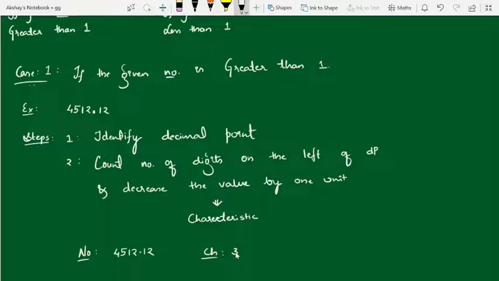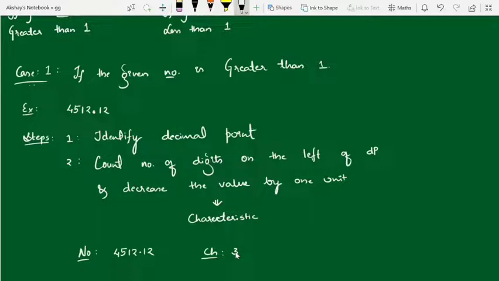Are you getting this point? Shall I repeat it once again? You have to identify the decimal point in your given number. Next, count how many digits are present on the left of the decimal point. Next, decrease the value by 1. The final answer you get is the characteristic.